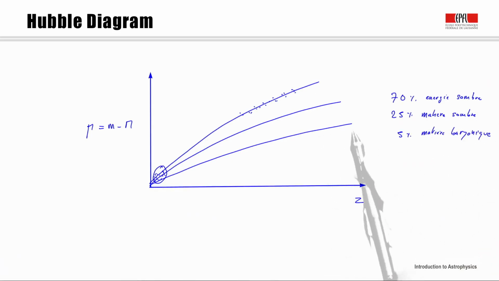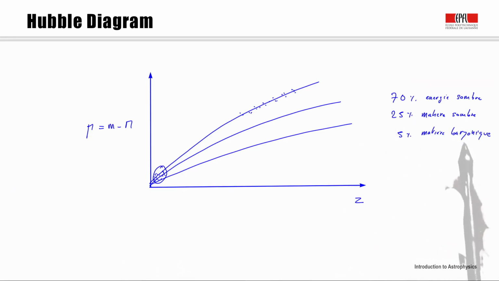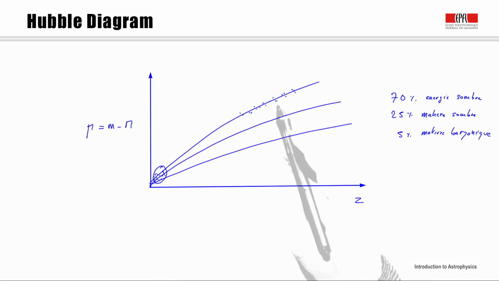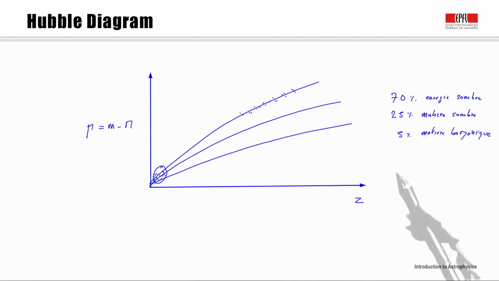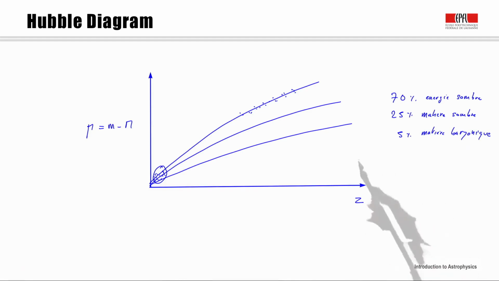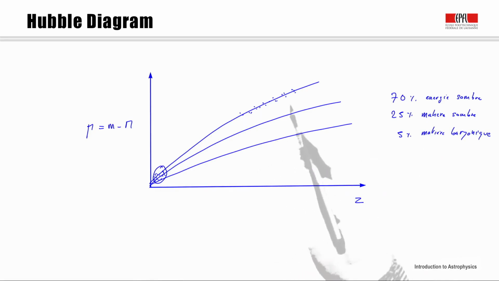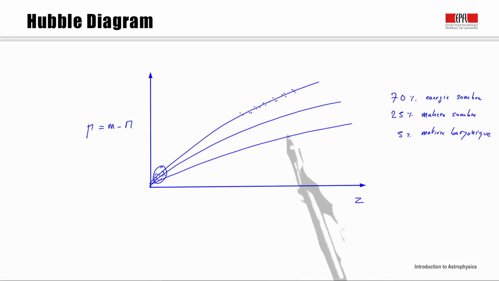So the difference between these models here are the proportions of these different densities. If we manage to measure mu and z, we can differentiate between the different cosmological models. Since the years 2000, we know that we live in a universe in accelerated expansion, so we are able to discriminate between the different curves in these Hubble diagrams.